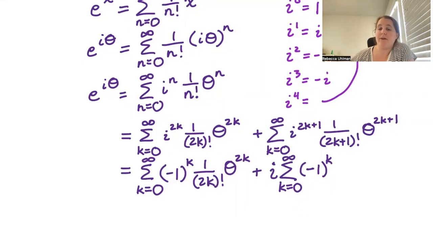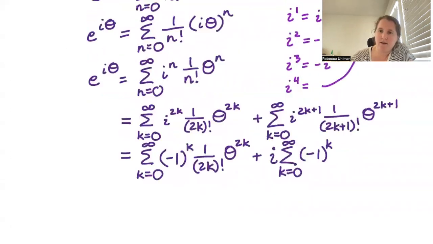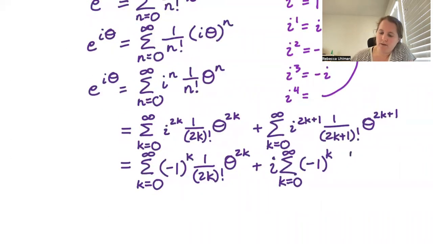So we pulled out an i that was the plus 1 from the exponent. i to the 2k again becomes -1 to the k, times 1 over 2k plus 1 factorial times theta to the 2k plus 1.